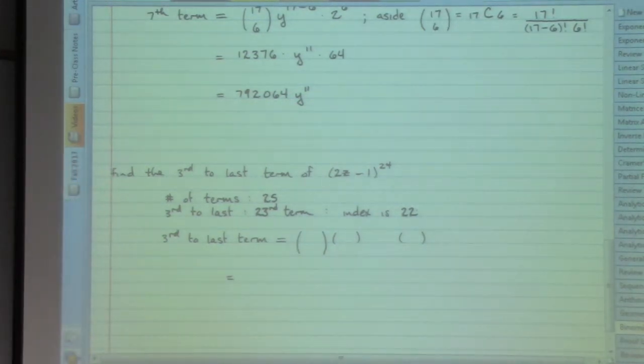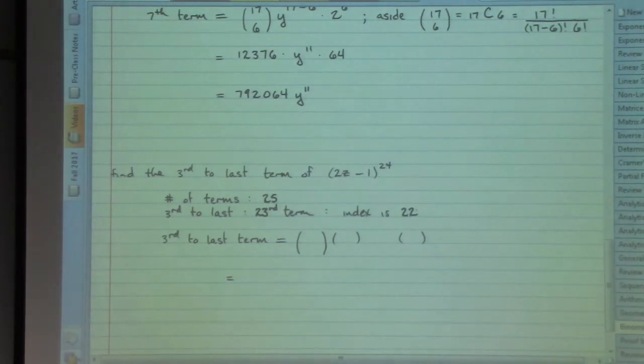Now that we've got the correct index, that means that we can start putting together the coefficient and the powers that we would need. As far as the coefficient, the top number is always that full power number, which in this case is 24. The bottom number is always the index, which means 22. The next part of our binomial theorem says we would need to take the first term of our binomial, which is a 2z.